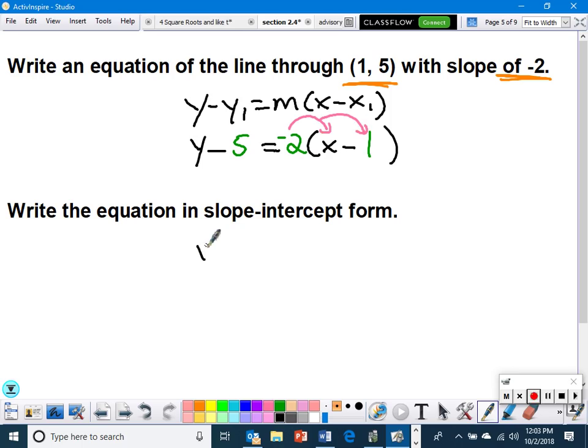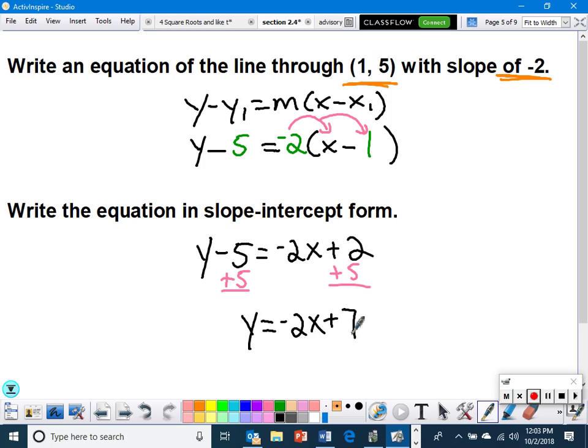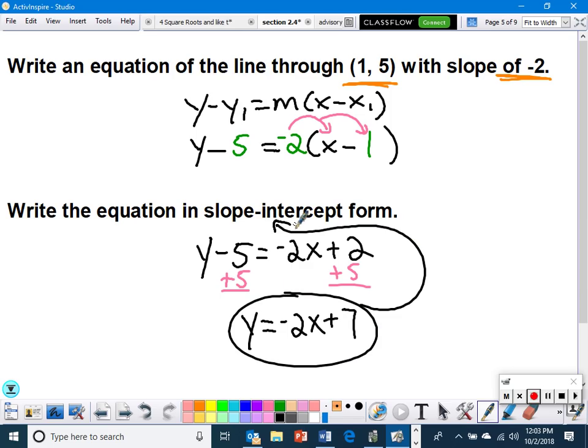So I've got y minus 5 equals negative 2x plus 2. I'm going to add 5. So y equals negative 2x plus 7. Slope-intercept form.